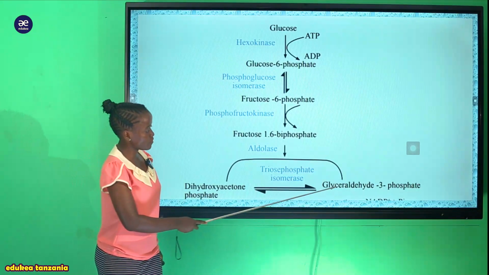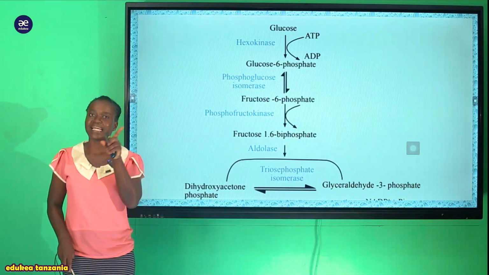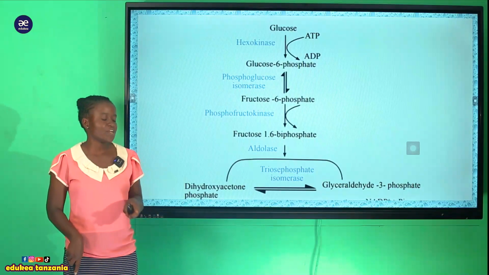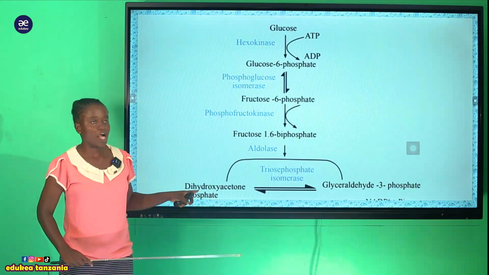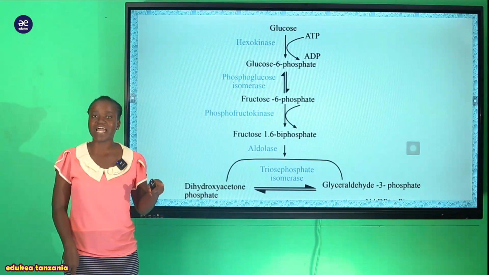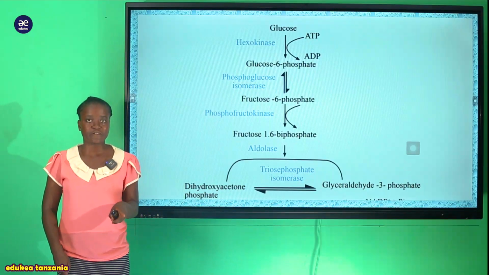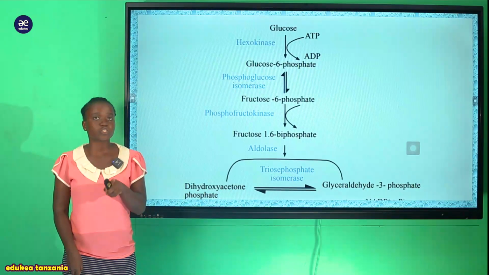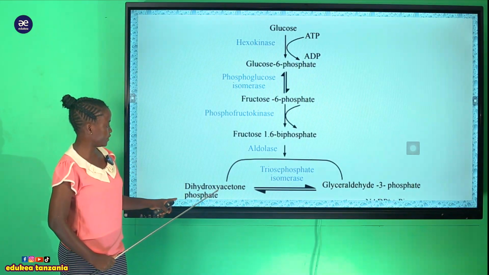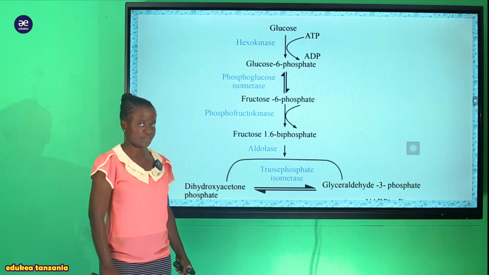And we have seen that this molecule, glyceraldehyde 3-phosphate, is the one that will continue with the glycolytic pathway. Also, in order for these molecules to undergo the glycolytic pathway, they must be rearranged, or isomerized, because these molecules have the same molecular formula but different structural formulas. So we have to convert this dihydroxyacetone phosphate to form glyceraldehyde 3-phosphate.